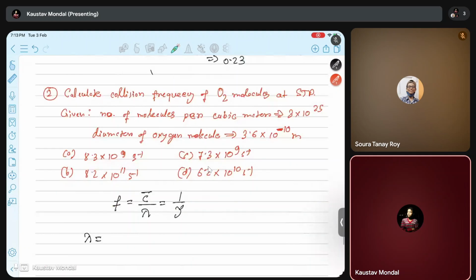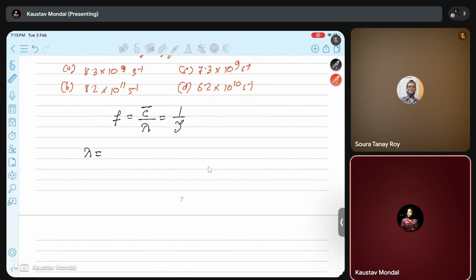So lambda would be 1 by root 2 n sigma, so root 2 n pi d square.